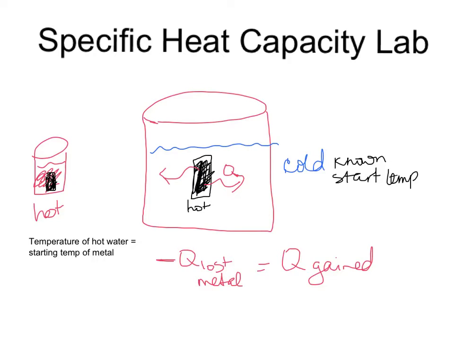Well, we only have one equation that has heat capacity in it. We're going to use the equation Q equals mc delta T. We can do that because remember before we asked ourselves, is it changing phases or is it changing temperature? Both our water and our metal are going to change temperature, because the water is going to pick up the heat and get warmer, and the metal is going to release the heat and get colder.